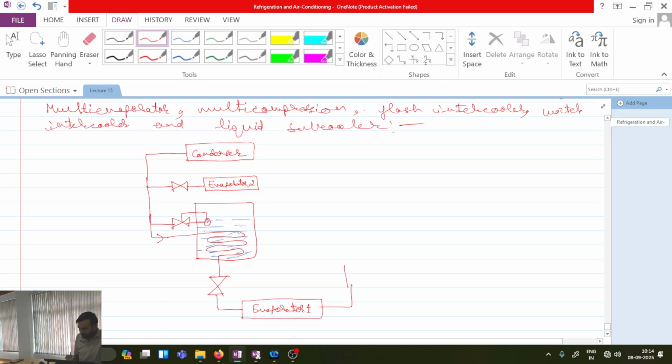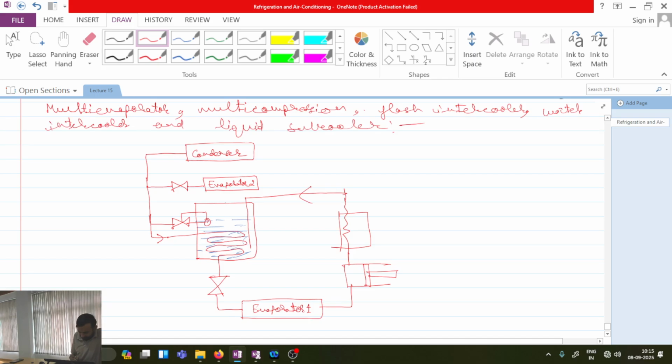After evaporator 1, I will be having a compressor. Then I will be having a water intercooler. After the water intercooler, flash intercooler. This is a flash intercooler. Fine.